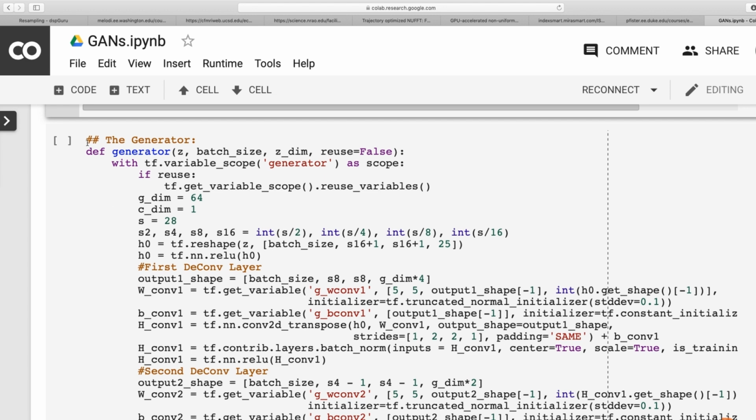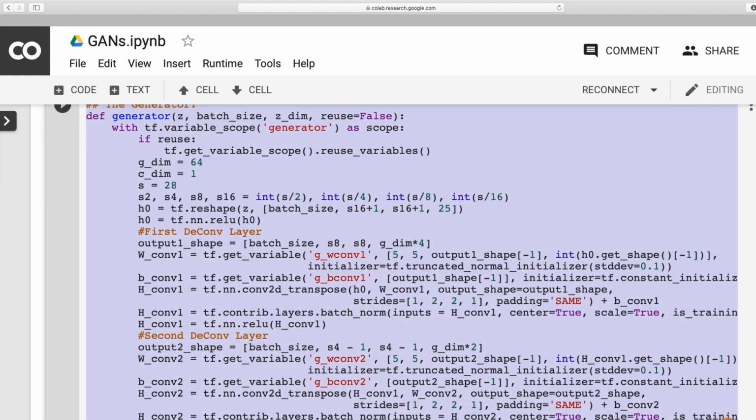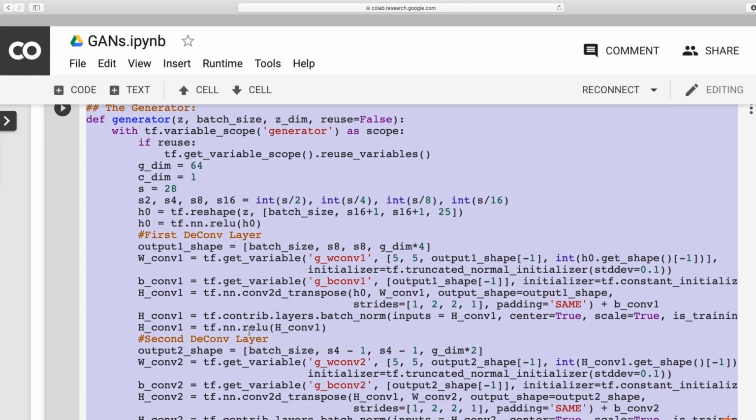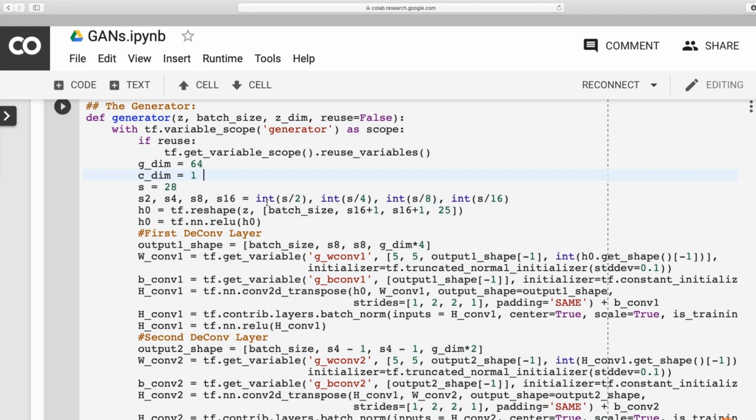So this part of the code shows the architecture of the generator that we have written here. The structure of the generator is very similar to the structure of the discriminator, except that we're calling the convolution transpose method instead of the convolution one.